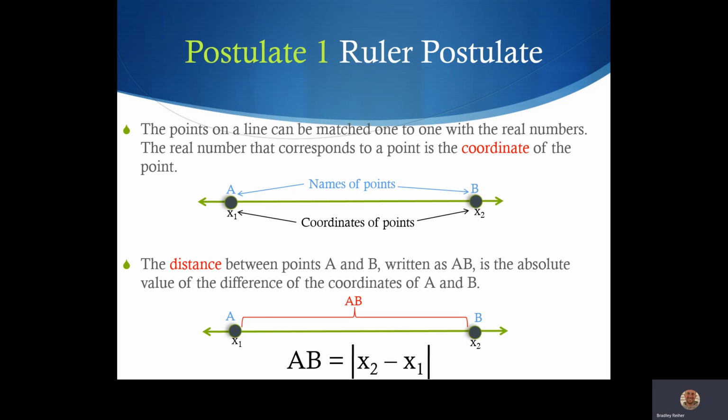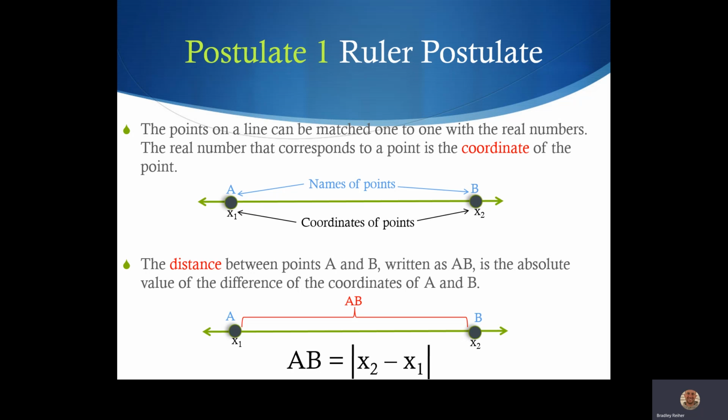Okay, and notice how it tells you how to calculate that. That's what this ruler postulate is for. Take your coordinates and subtract them. It's going to give you a number. And what you need to do is take the absolute value of that number. Remember, that's the positive value of that. So absolute value is always positive. When you're measuring something, it's always a positive length. You cannot have a negative length segment.